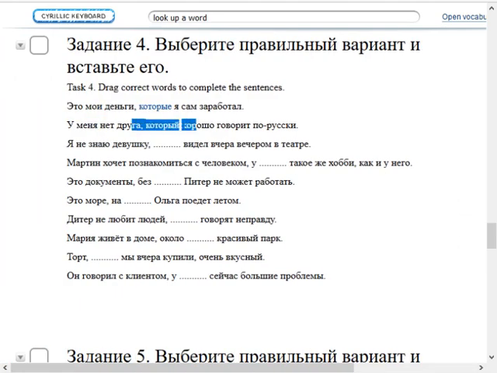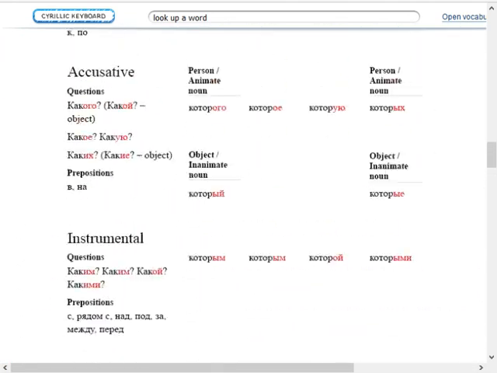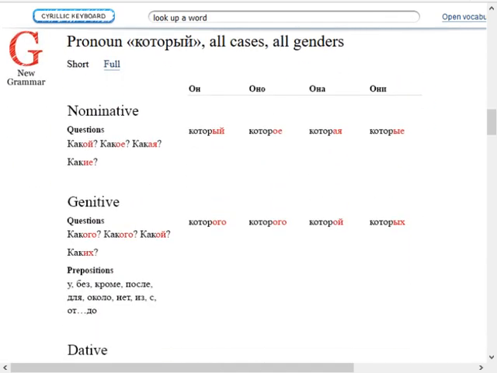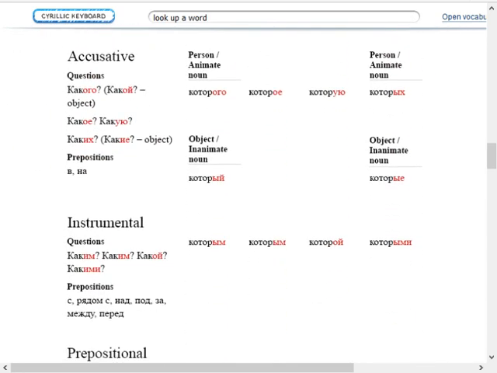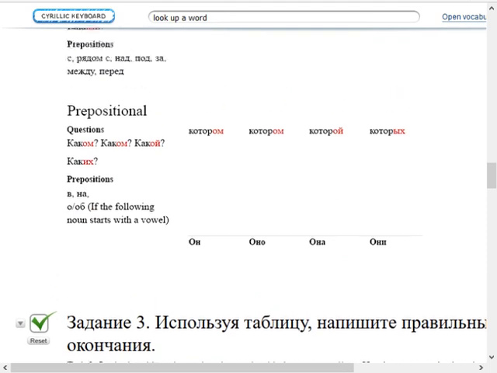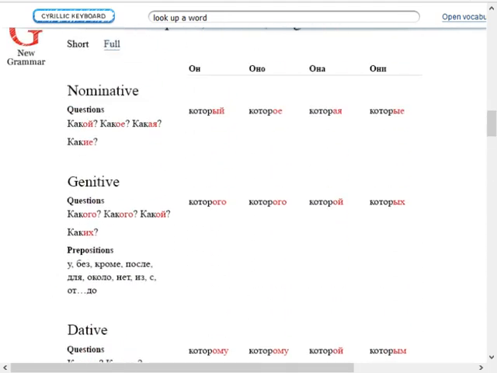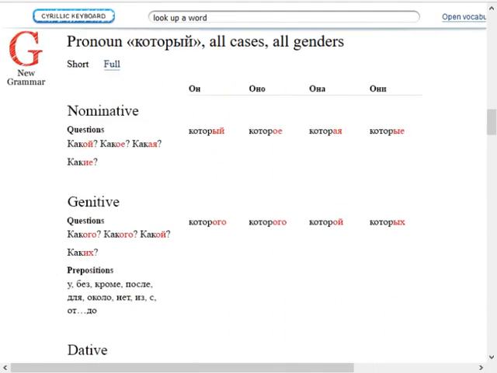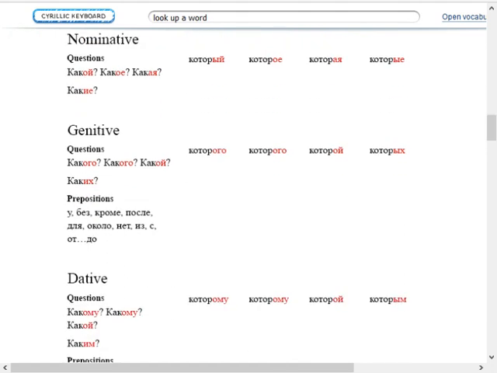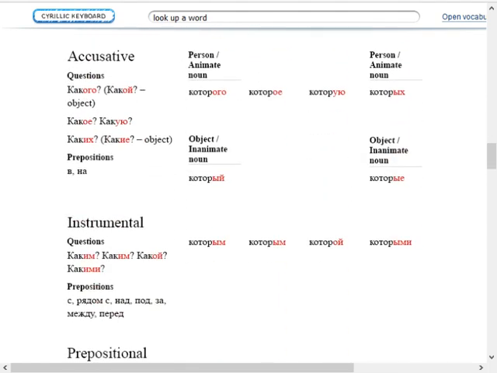Okay, and now let's find out why. Which case is this? Который. So I'm looking under она, and I don't see this form of который anywhere under она.